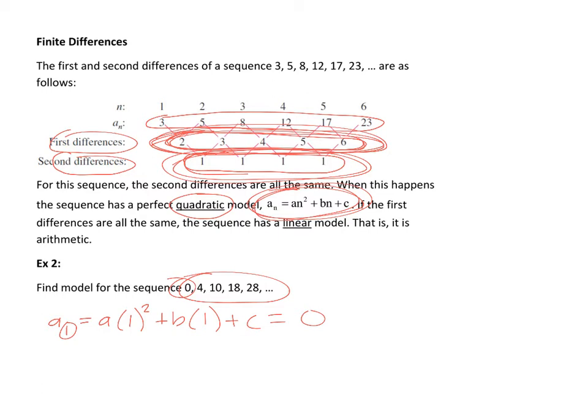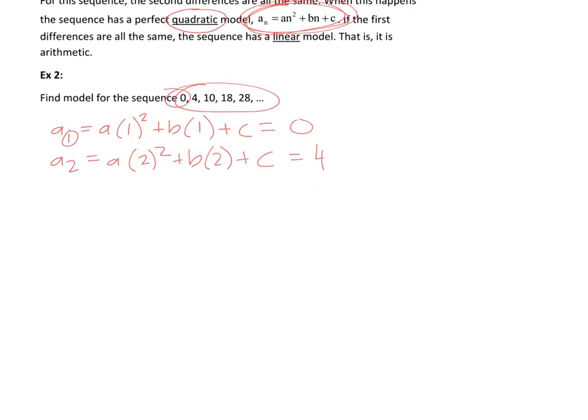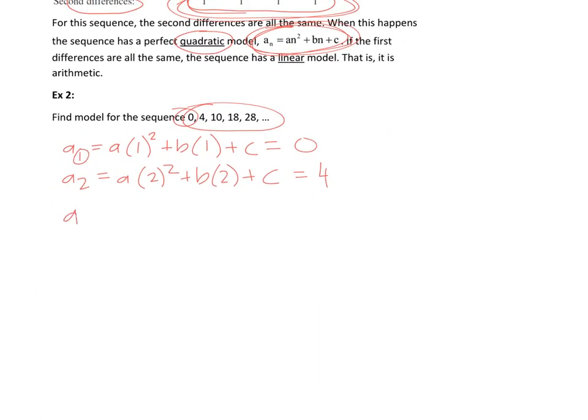All right, then I have a sub 2 is equal to a times 2 squared plus b times 2 plus c is equal to 4. And then a sub 3, sorry, not a times 3. Here I have a times 3 to the second power, plus b times 3 plus c equals 10.